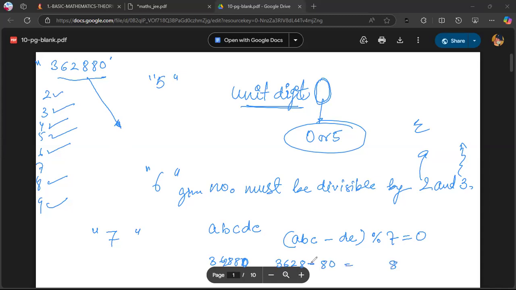Now, what will be the result? If the number is still big, you can check further. I have made a mistake. The number should get doubled before subtracting.